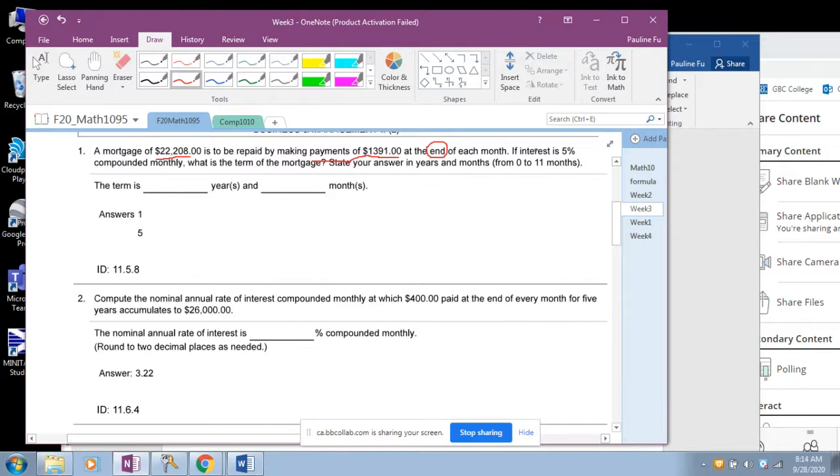Each month, if interest is 5% compounded monthly, so you make payment every month. Interest is compounded monthly, so this is an ordinary simple annuity. The question asks you, what is the term? So how long you are going to pay off the mortgage? That is the question.